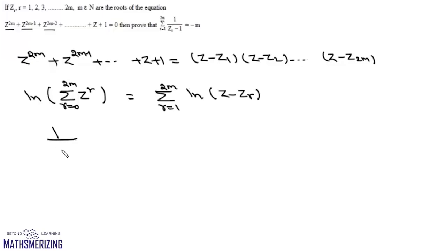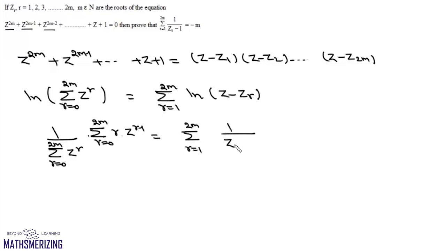We'll get 1 upon this summation R varies from 0 to 2m Z to the power R, and then this summation R varies from 0 to 2m R into Z to the power R minus 1, and on the right hand side we'll get this summation R varies from 1 to 2m 1 upon Z minus ZR.